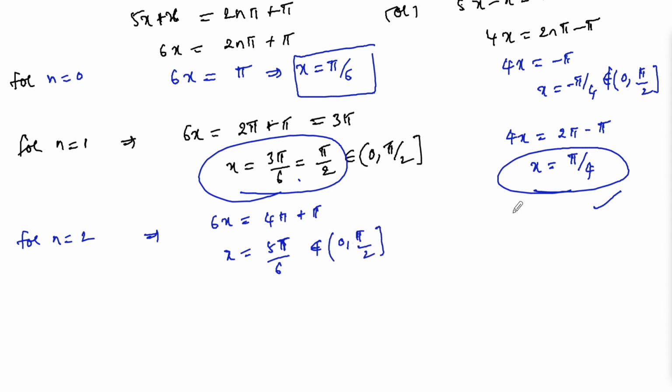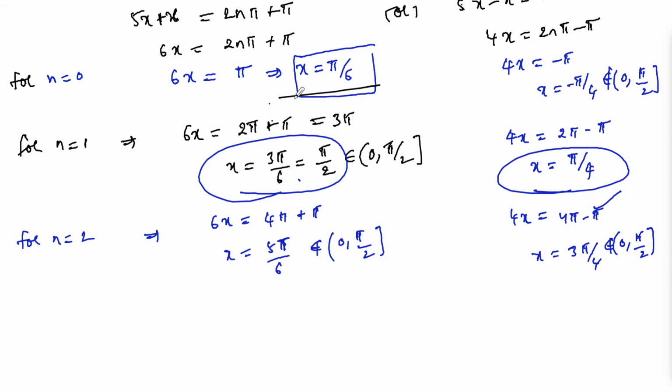Similarly here also for n is equal to 2, 4x is equal to 2 twos are 4 pi minus pi, that is x is equal to 3 pi upon 4, which also does not belong to 0 to pi by 2.